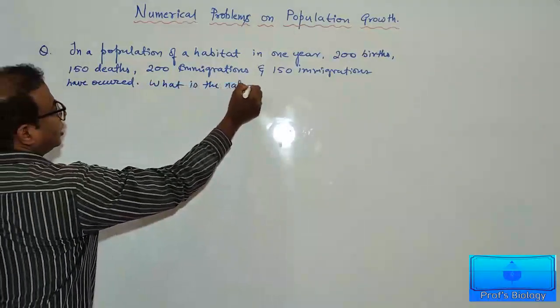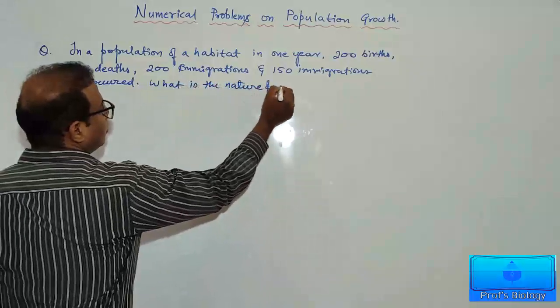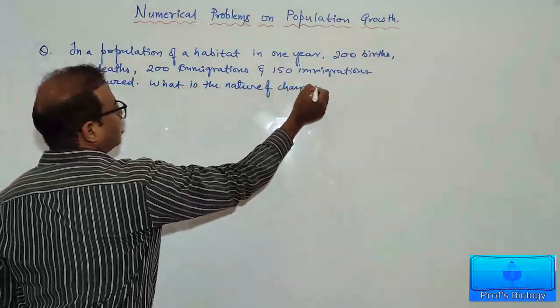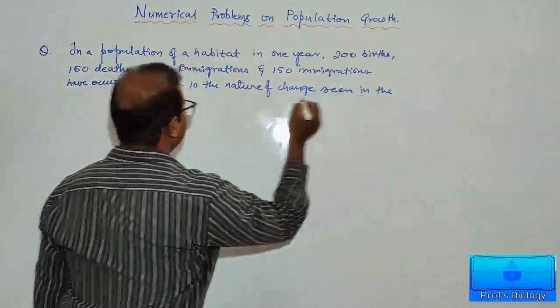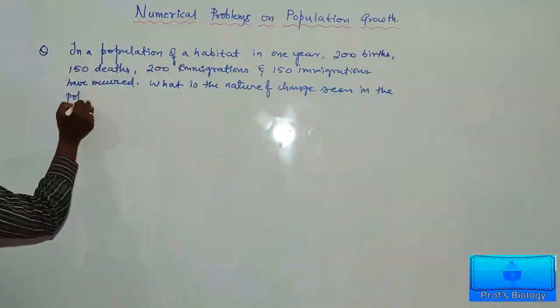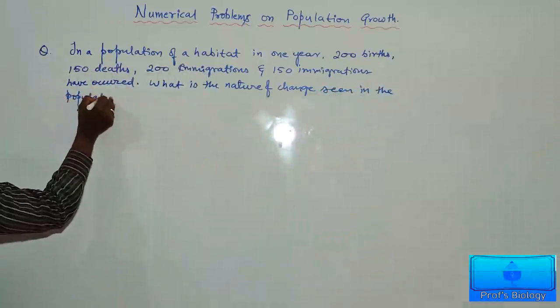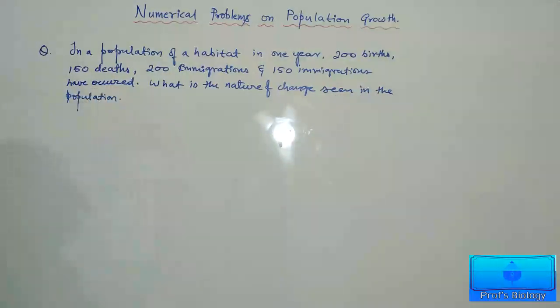what is the nature of change seen in the population. That is, whether it increased, decreased, remained same, or it is not possible to predict. Which one of these would be observed?